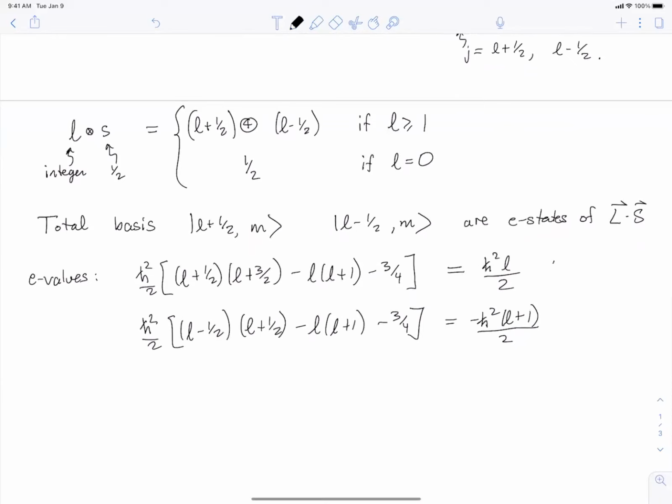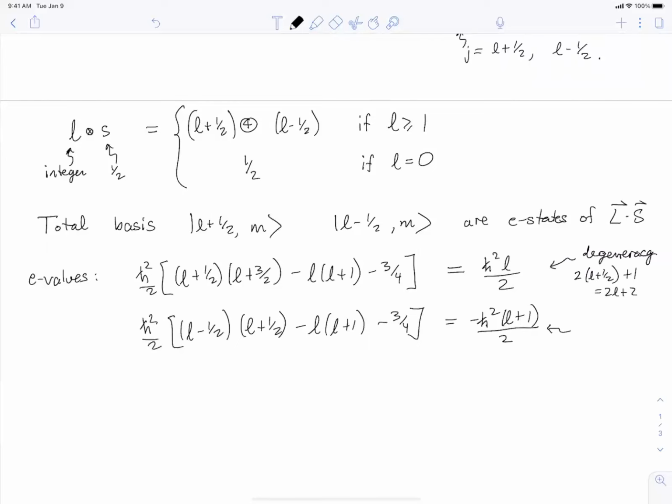These ones have degeneracy. Let's count the degeneracy. So it's 2 times j, which is L plus 1/2, plus 1. That's the different number of m values, which works out to be 2L plus 2.